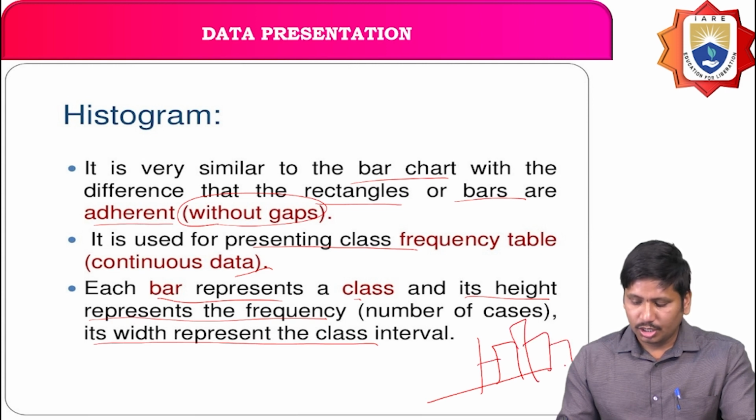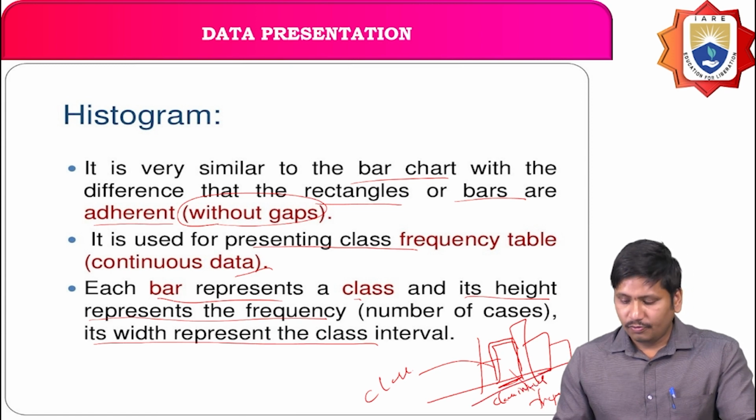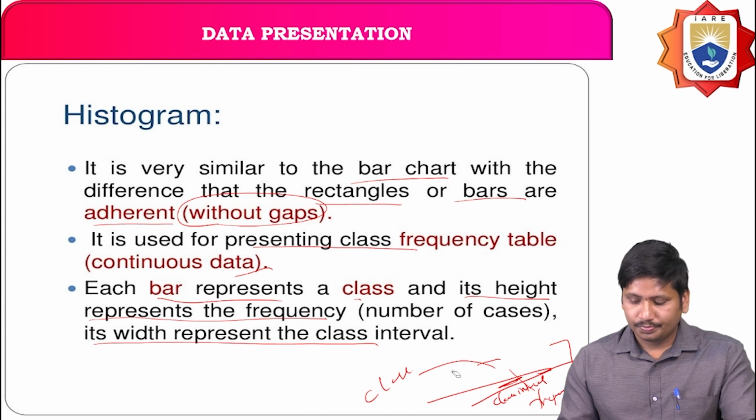So in this histogram, each bar represents a class, its height represents the frequency number, and its width represents the class interval. So these are the various factors related to the histogram.